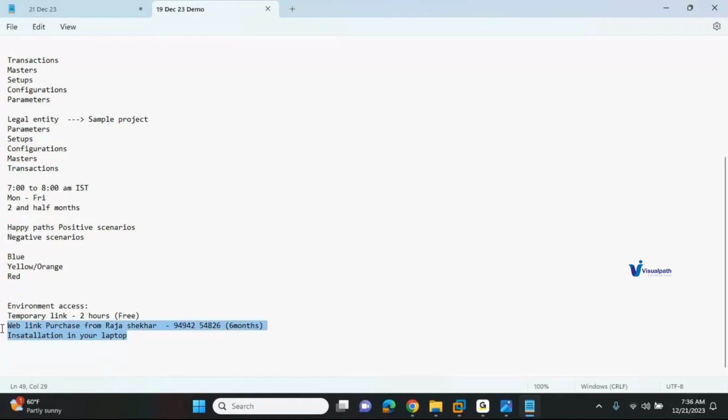He will charge a small amount of money. This is a temporary link, only for temporary purposes. But this is the permanent solution for you. Either one you need to purchase, the web link from Rajashekar or install on your laptop.